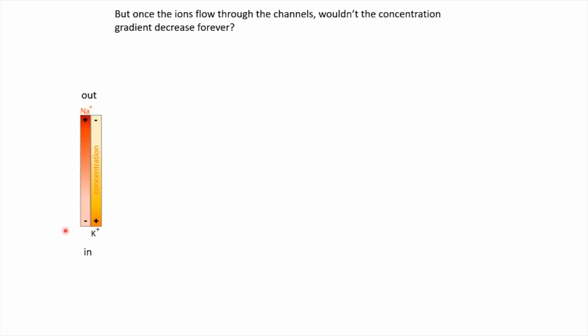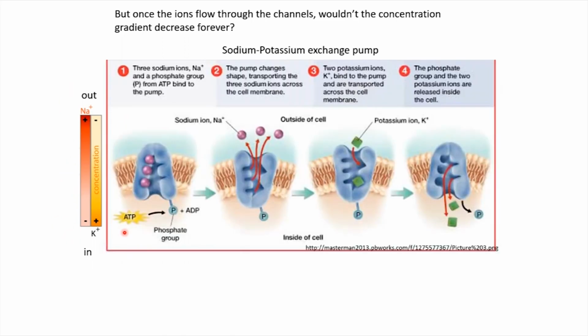So for example, there would be a pump that would throw out the sodium ions outside and bring the potassium ions inside. And here is one of such pumps. It's known as the sodium potassium exchange pump, and what it does is basically an exchange of sodium and potassium, as you can expect from the name.